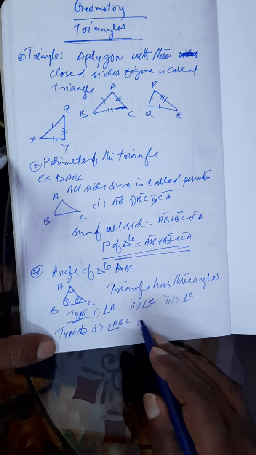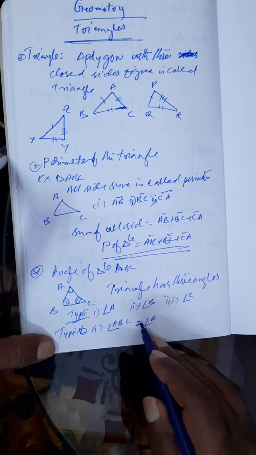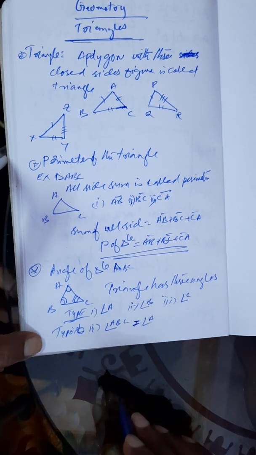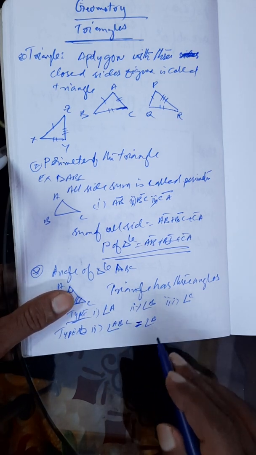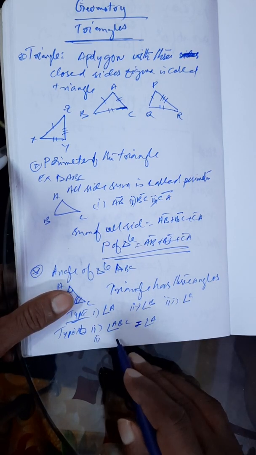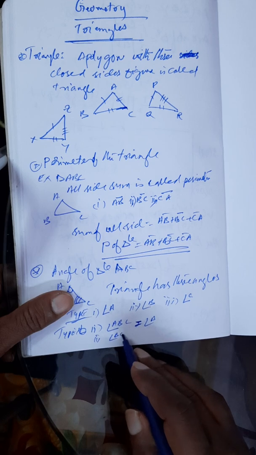This is equal to what? Angle B. Why? Because the center letter is B, so that means angle B. Another way is BCA.